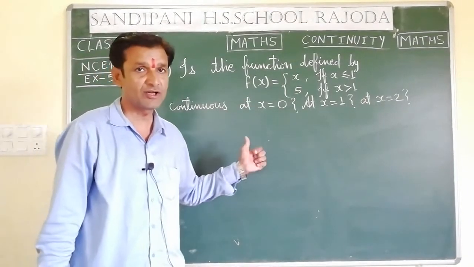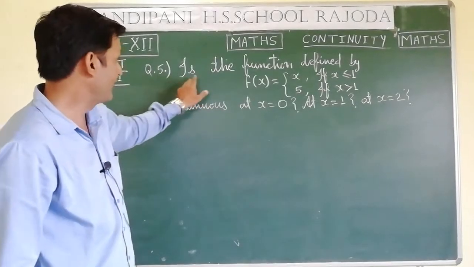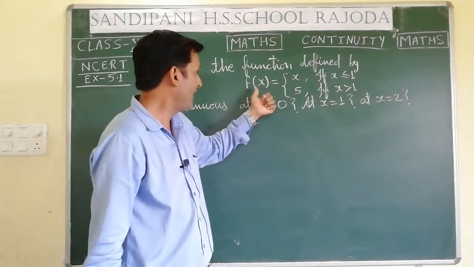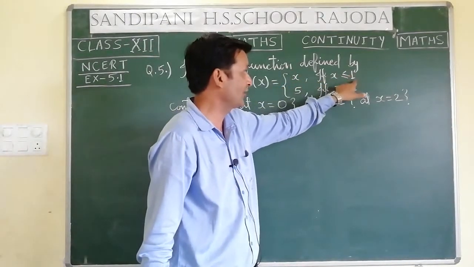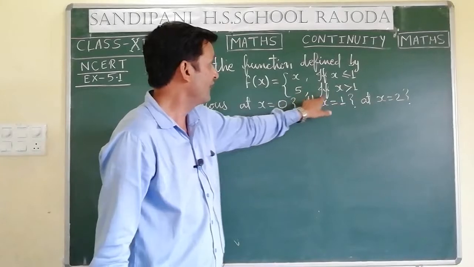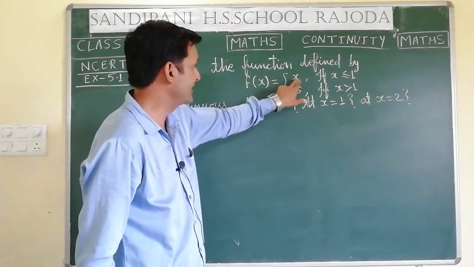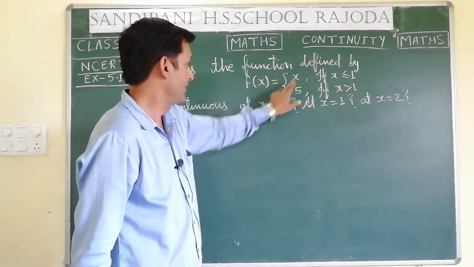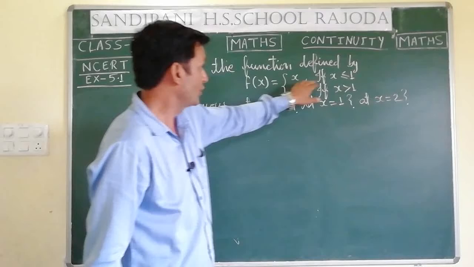Now one more question related to continuity. It is question number 5. Is the function defined by f of x is equal to x if x is less than or equal to 1, and 5 if x is greater than 1, continuous? At 0, only this will be applicable.